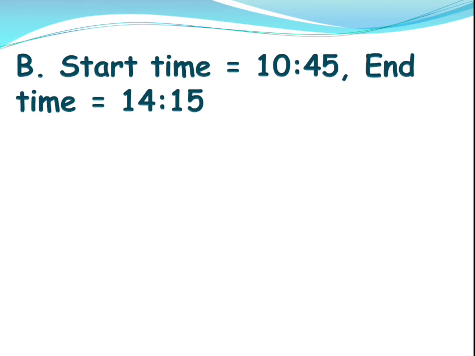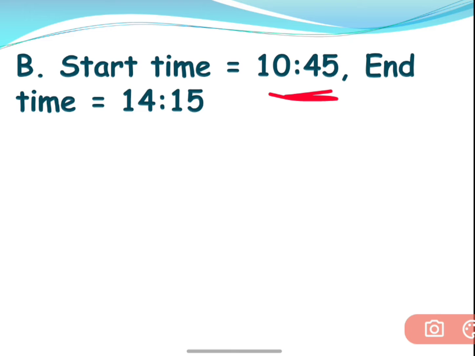So start time is 10:45 and end time is 14:15. Okay, 14 hours 15 minutes. Okay, children, so from the start time till end time we have to draw a timeline. And after that we need to calculate how many hours are there in between and how many minutes are there in between. So here, children, it is 10:45 start time.